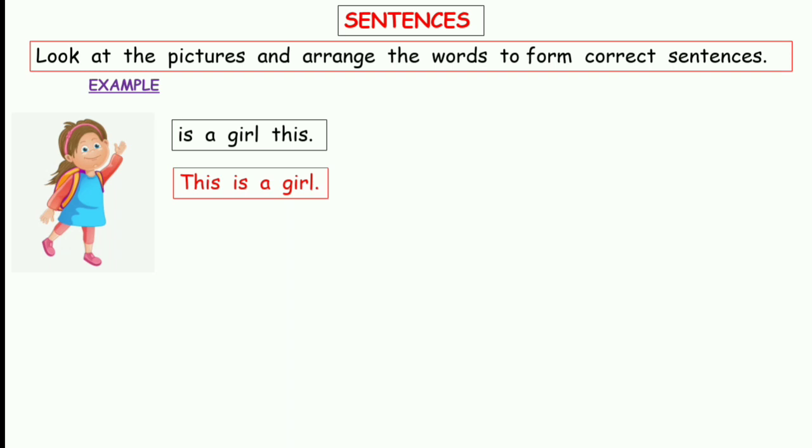That means the first word of the sentence, the first letter of that first word should be a capital letter. So as you can see, the first word in this sentence is this, and the first letter of that word is T. So it's T capital. This is a girl.